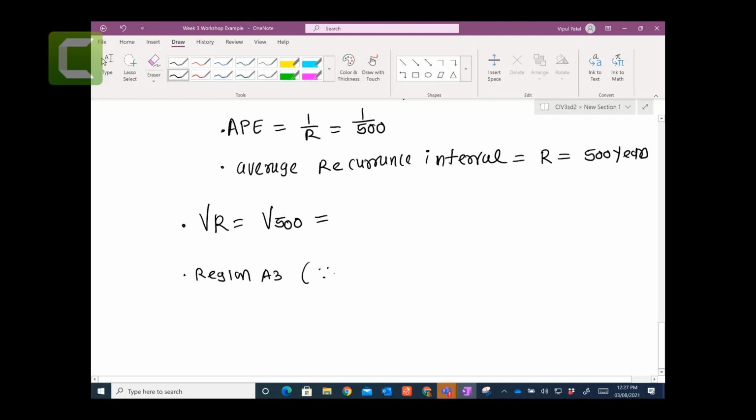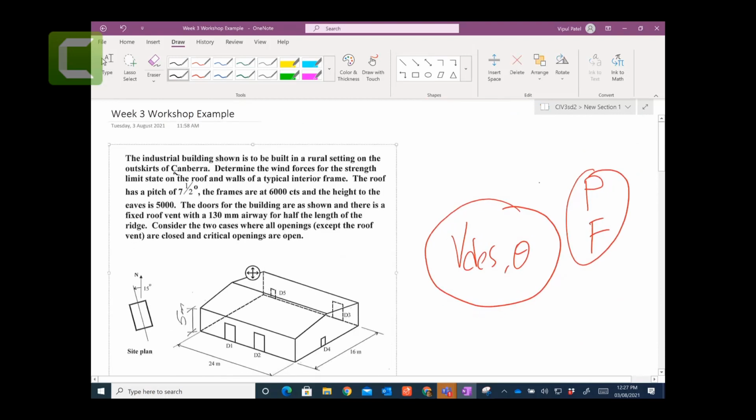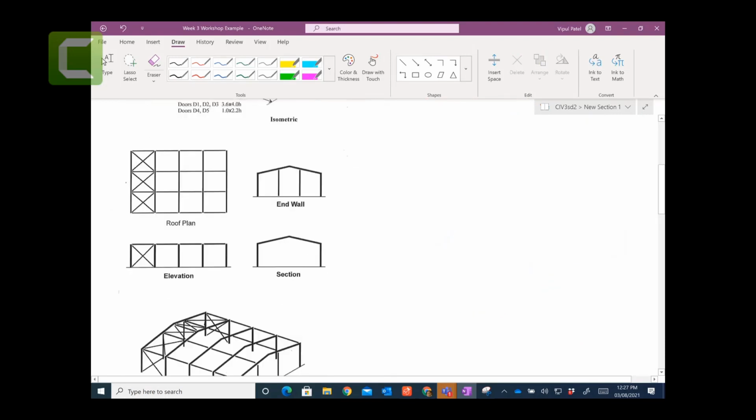Region A3, because we have the city given, Canberra, and that is in Figure 3.1(A), right? And that region A3 Canberra, I can show it to you here, that you have Canberra given here.